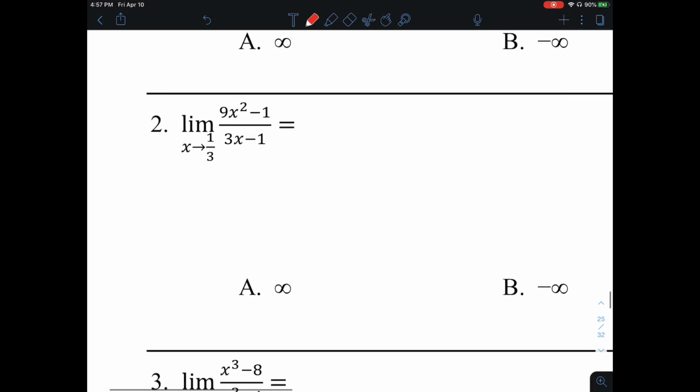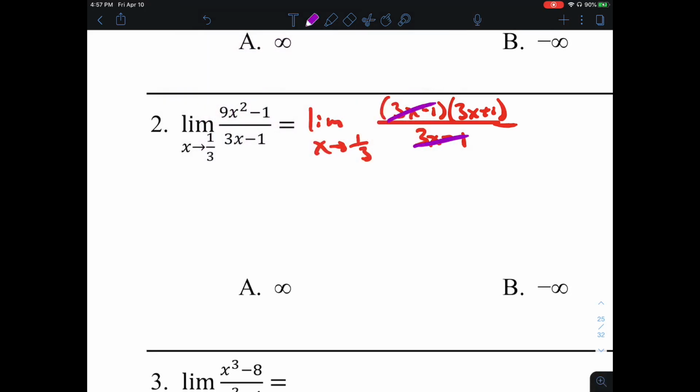Number 2, if we try to use direct substitution for this, we're going to end up with 0 in our denominator, which we do not want. The top is the difference of two squares. So that numerator factors into a 3x minus 1 and a 3x plus 1.